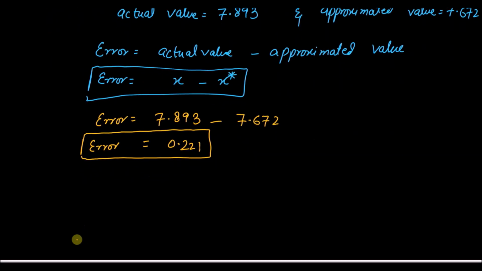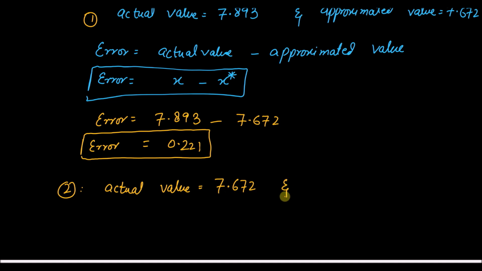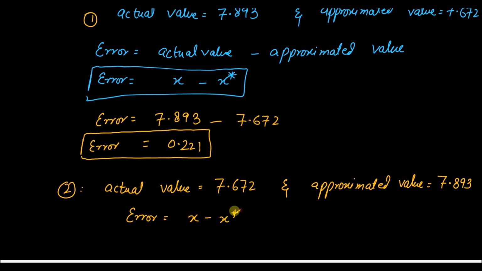Secondly, now we are going to discuss the second thing: if the actual value is equal to 7.672 and the approximated value is 7.893, then we calculate the error as x minus x star.